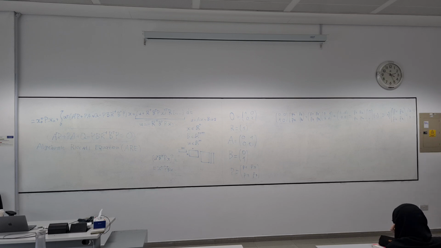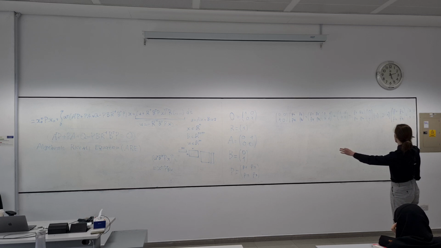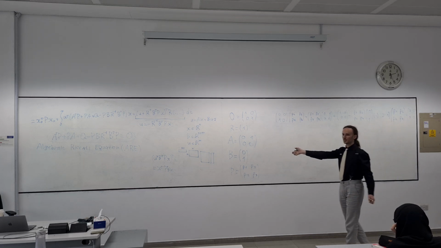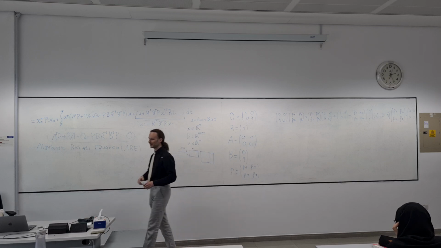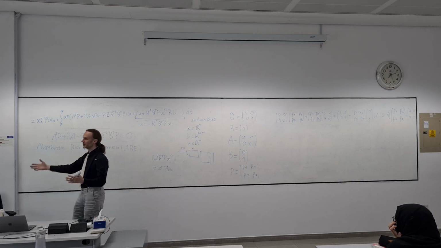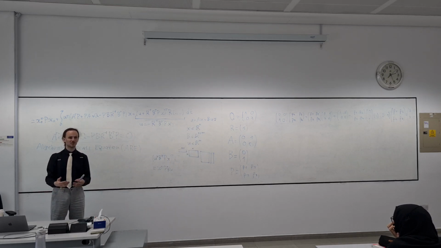This is the algebraic Riccati equation. So let's simplify. Let's multiply all these things. Please do it on your own. Let's spend some time working on this equation. Then you'll appreciate that NumPy and SciPy will do it for you.